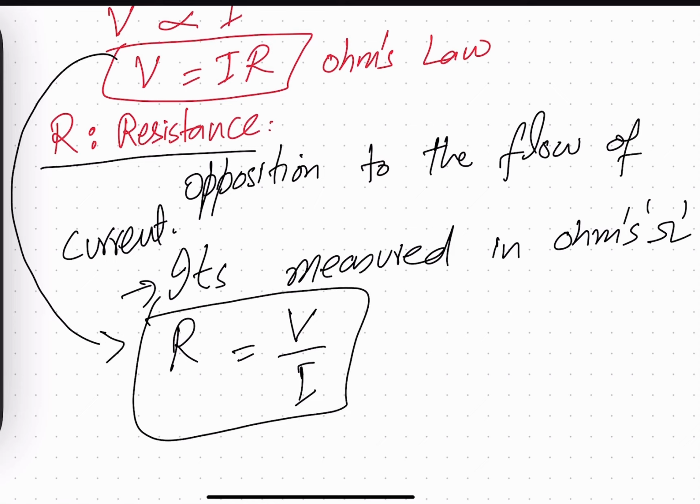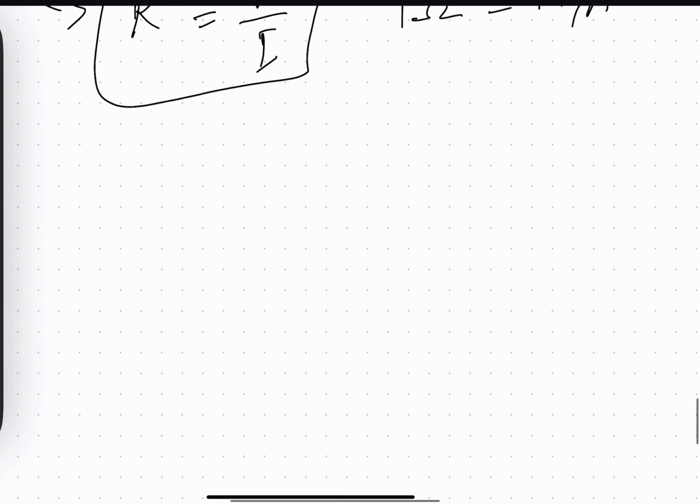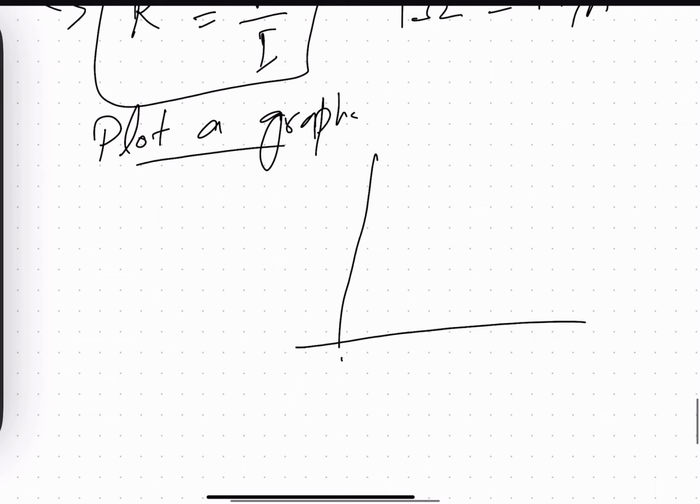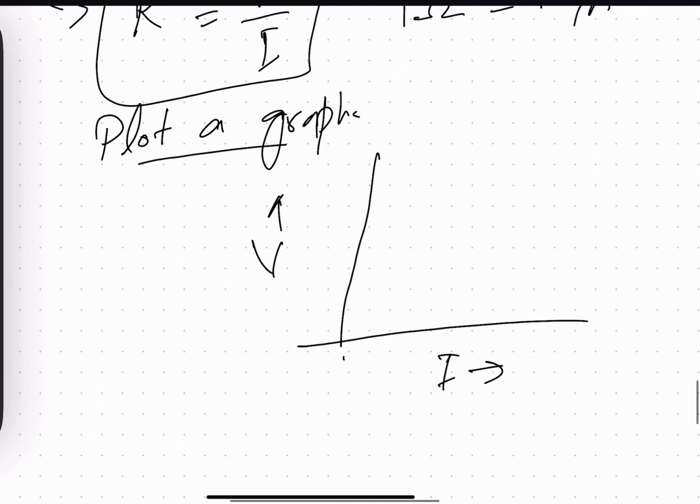Okay, so 1 ohm is equal to 1 volt per ampere. Okay, so if you want to plot a graph for Ohm's law, we have an x-axis. On the x-axis there is current, let's suppose, and voltage is on the y-axis.